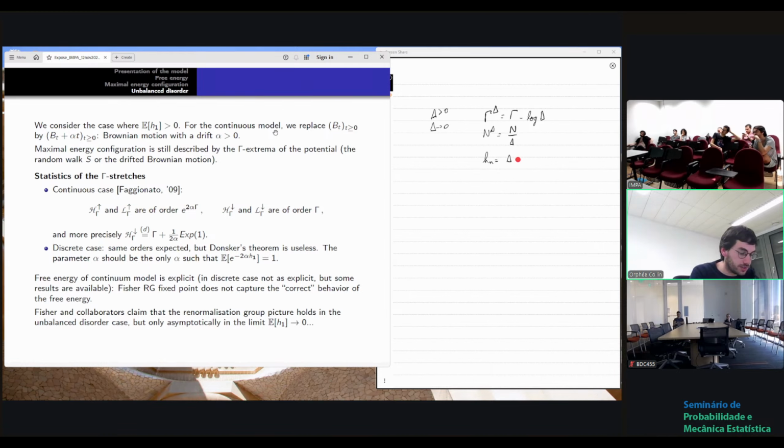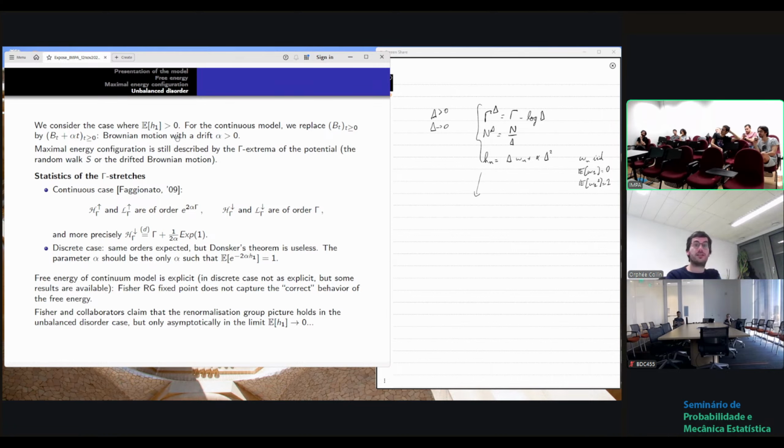They are delta times omega_n plus alpha delta squared, with omega_n some i.i.d. sequence which is centered and with variance 1. I think that's it. I see. Indeed, this is what yields the continuous model with a Brownian motion with a drift.